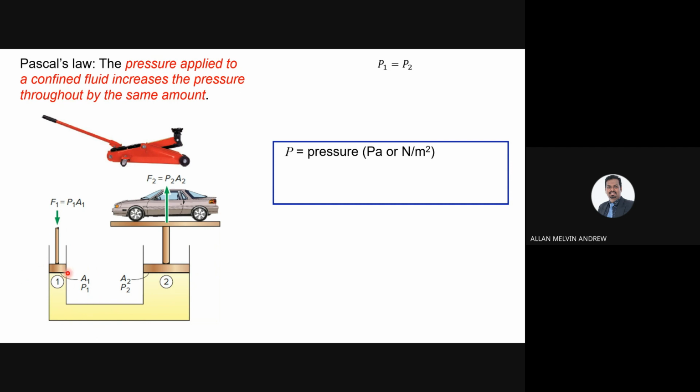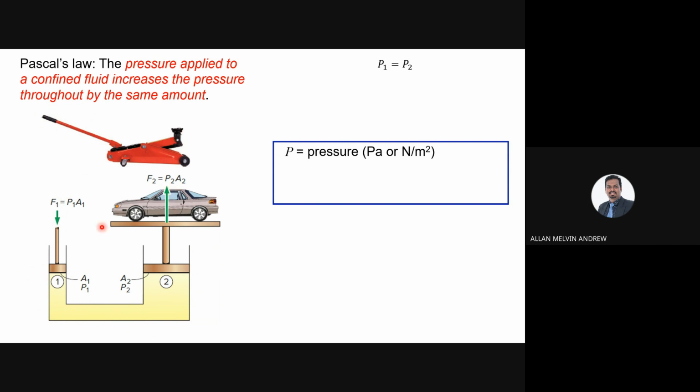It's not like one piston and another separate piston; they are connected by the same liquid, let's say hydraulic oil. So when you apply a force here, let's say you press the lever and keep pressing, this will increase and it will lift the car.